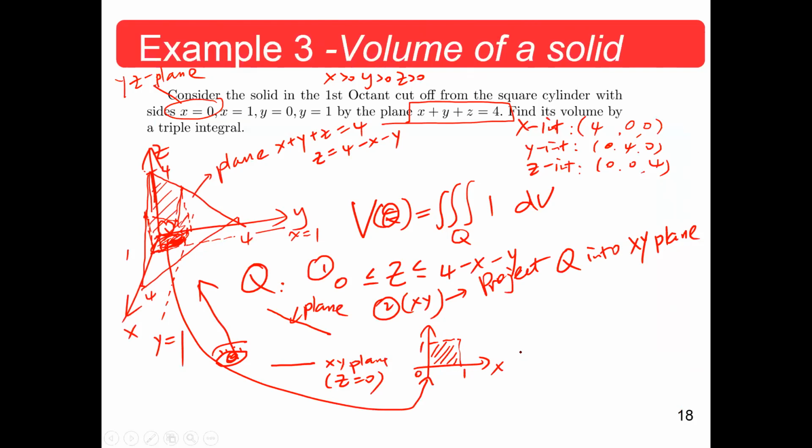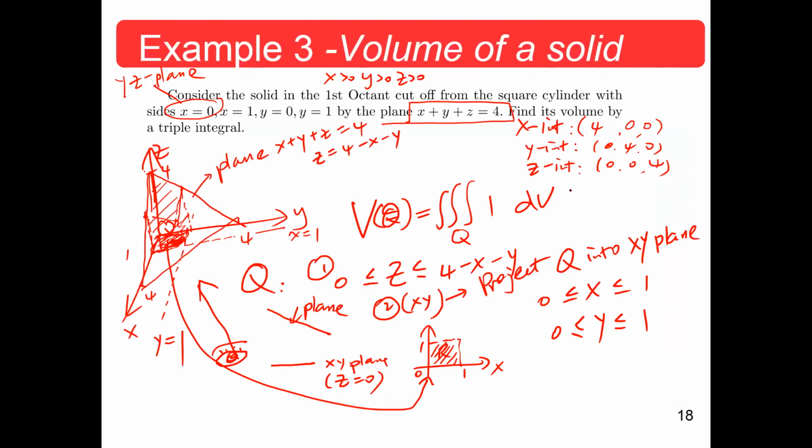This would be our considered area, the region R. This area is very easy to represent. I can say x is between 0 and 1, y is between 0 and 1. This is a rectangular region. Good so far? Yep. Okay, so we have expressed all the variables, z, x, and y.